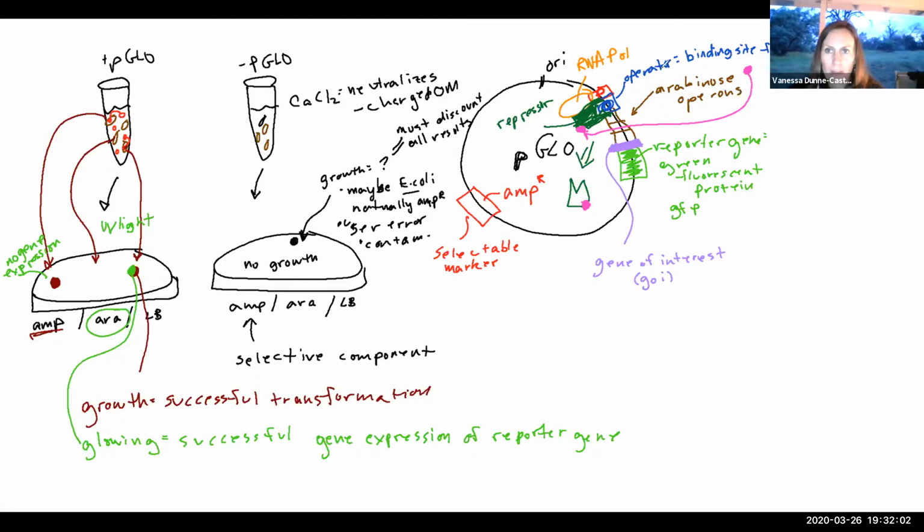Now there's one other possibility that you might see on this positive plate. And these are these little tiny guys that you'll see pop up right next to these successfully transformed colonies. These we call satellite colonies, which is just opportunistic.